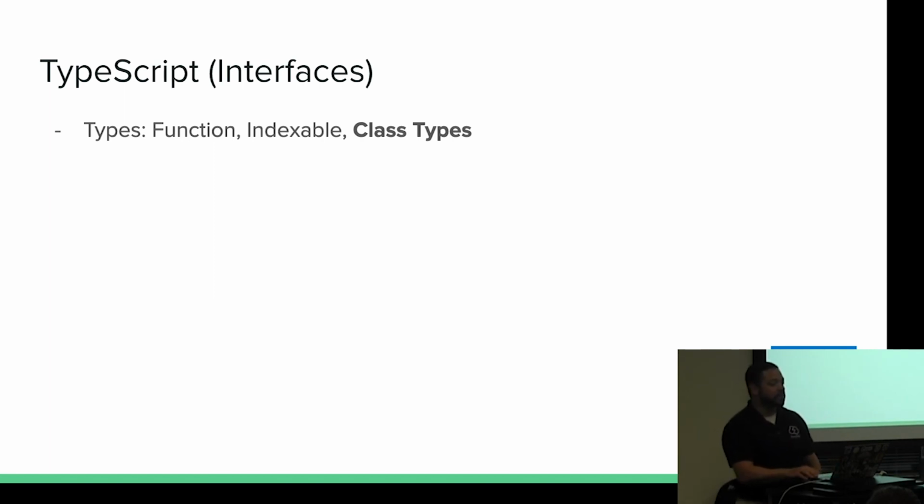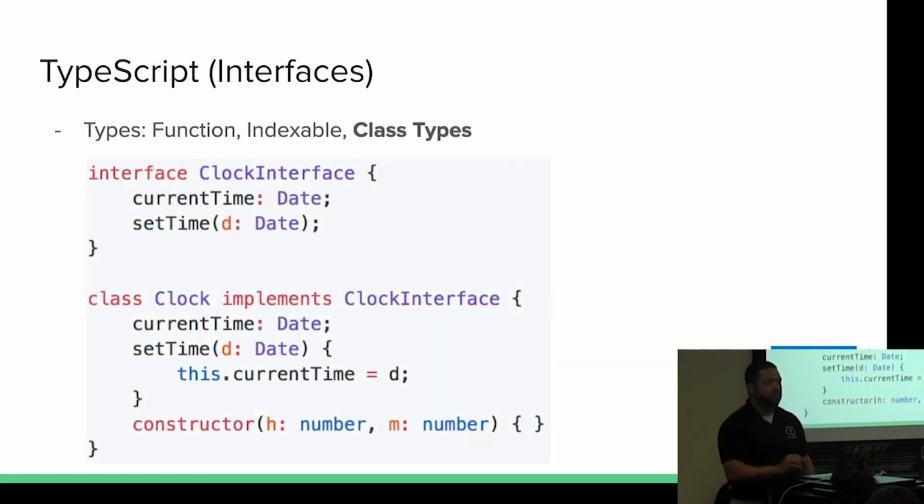With class types, we can start defining far more advanced objects. So here we have an interface called ClockInterface where it has a currentTime that is a Date object itself, which is a complex object as well. And then a function called setTime that takes in a parameter d that is also a Date. So you can mix and match whatever complex objects or primitive types that you want.